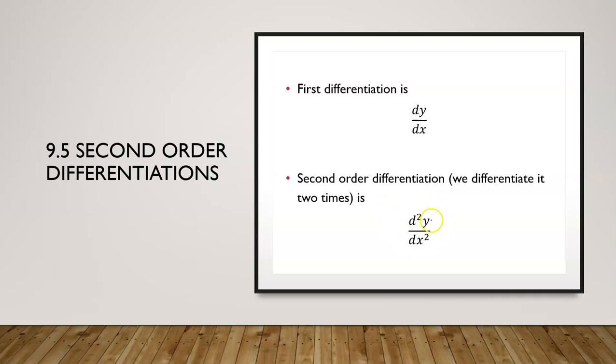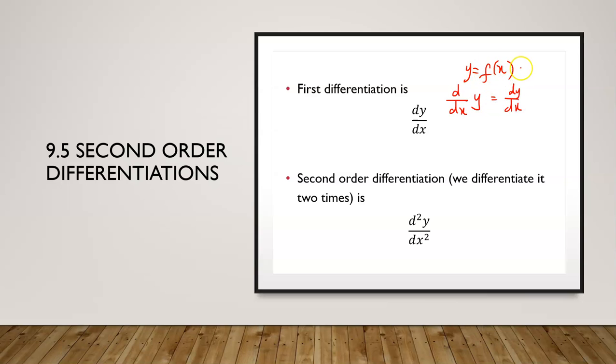How we get d square y over dx square? It comes from here, kan? If you have function y equals to f(x), differentiate y with respect to x is this. This is the meaning of differentiate your y with respect to x, but we write it as dy over dx.